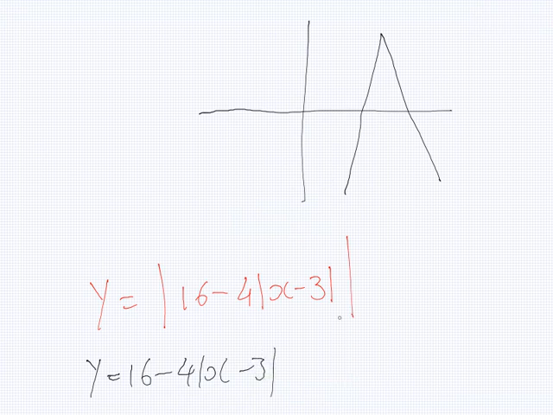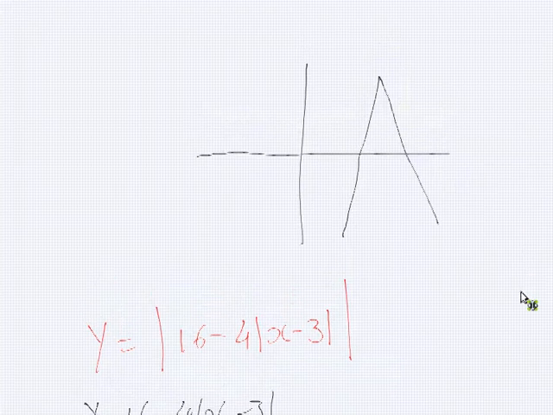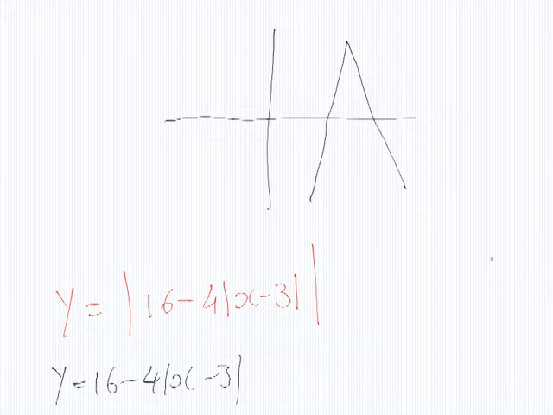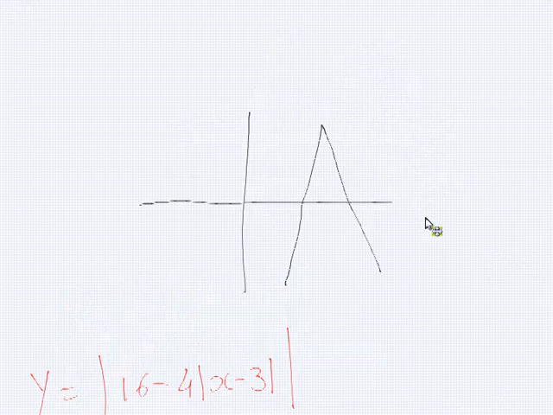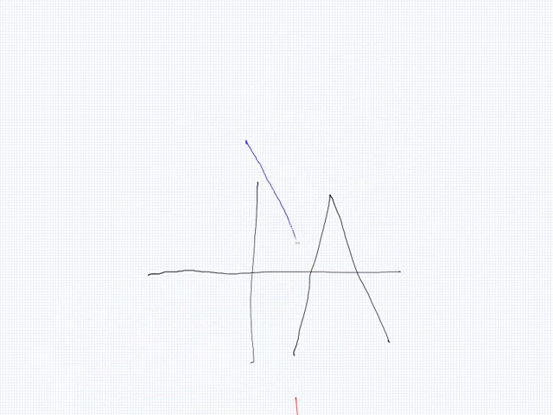So what does this graph look like? I know how to fix that. But we can't use our words to draw it. Yes, you can. It makes a W. It's exactly right. It will make a W shape.